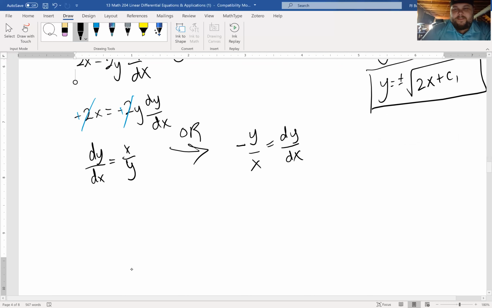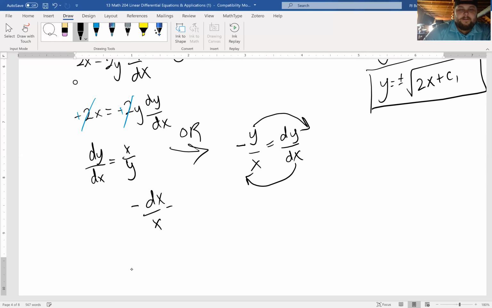Now I need to solve this separable differential equation. So I'm going to move the dx to this side, and I'm going to move the y to that side. I'm going to leave the negative on the left. So that would be negative dx over x equals dy over y.